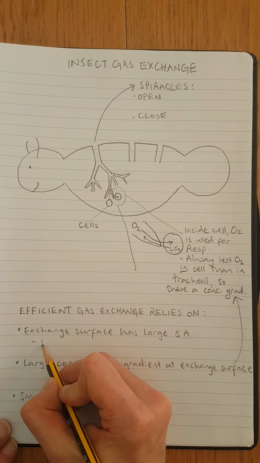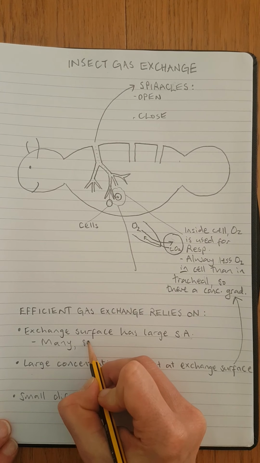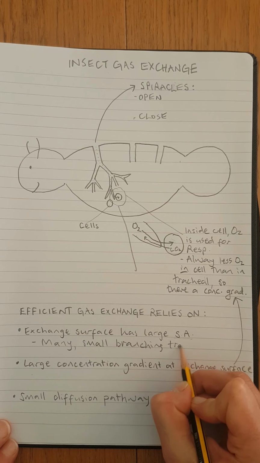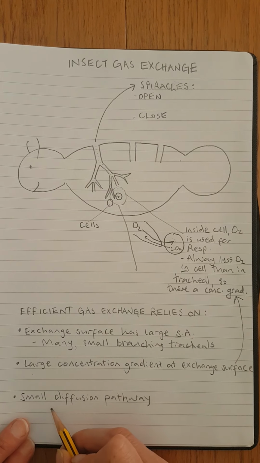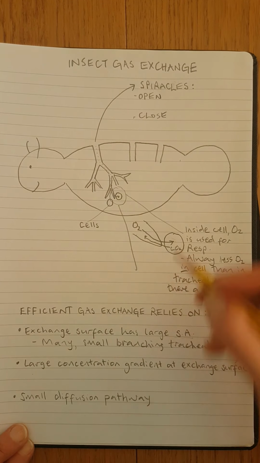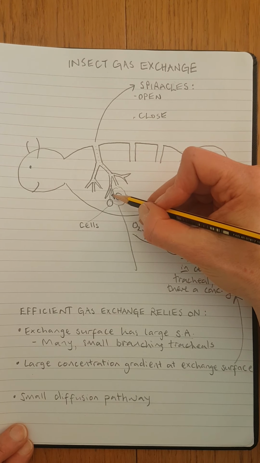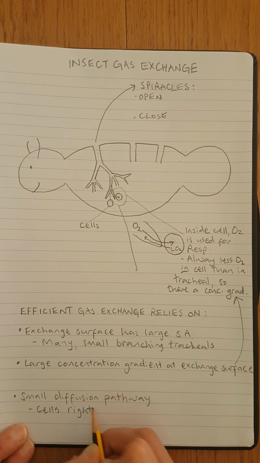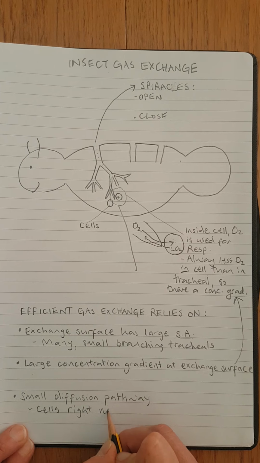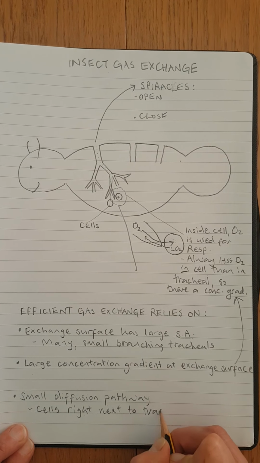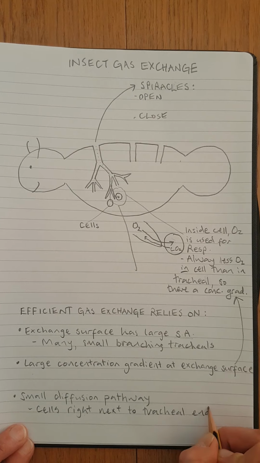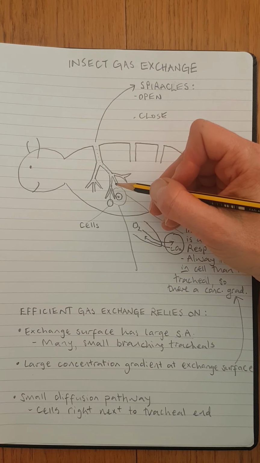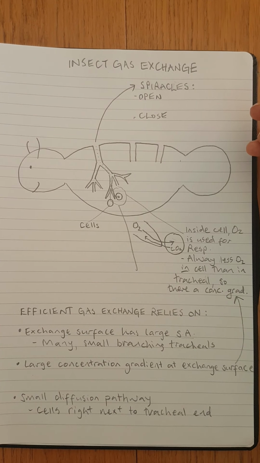So we can just write down many small branching tracheals. Okay, and then that brings me on to the final thing. The small diffusion pathway is achieved by, of course, the cells being right next to the ends of the tracheals. Write that down. And of course, you could also say something about the walls of the tracheals being very, very thin, probably made up of a single layer of cells. That's a really good thing to have as well.